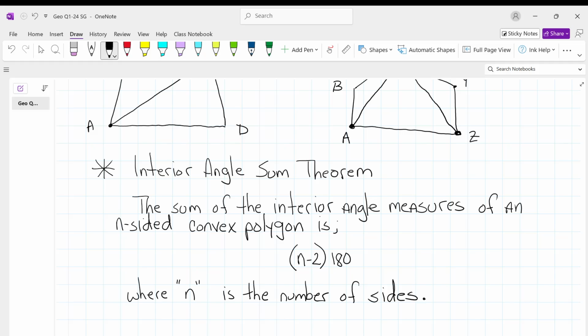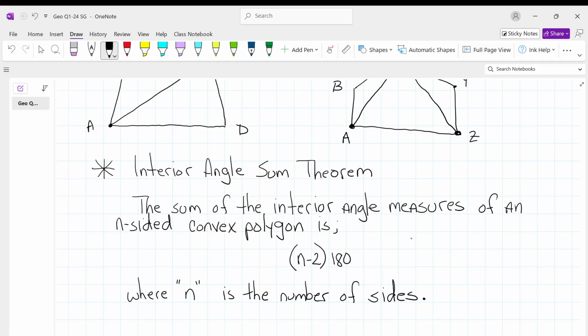up to. So we already know that the angles inside of a triangle sum 180. And we know that a triangle has 3 sides.